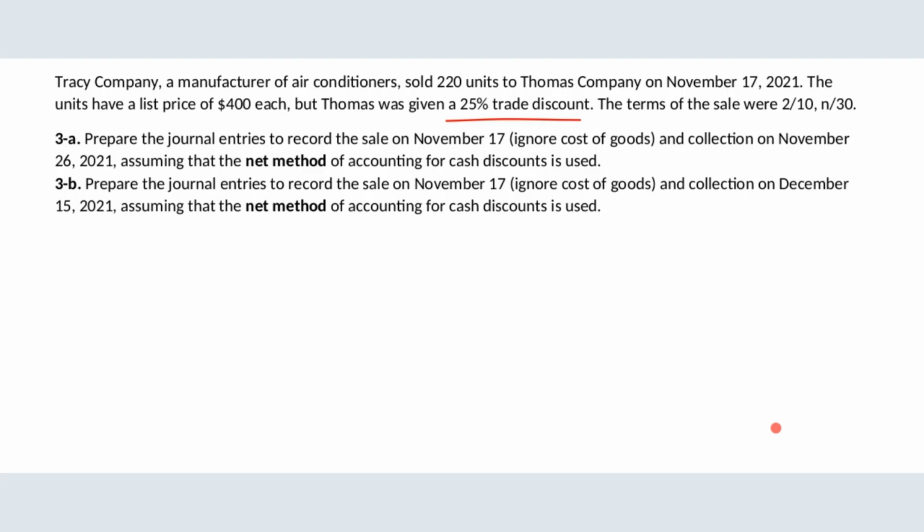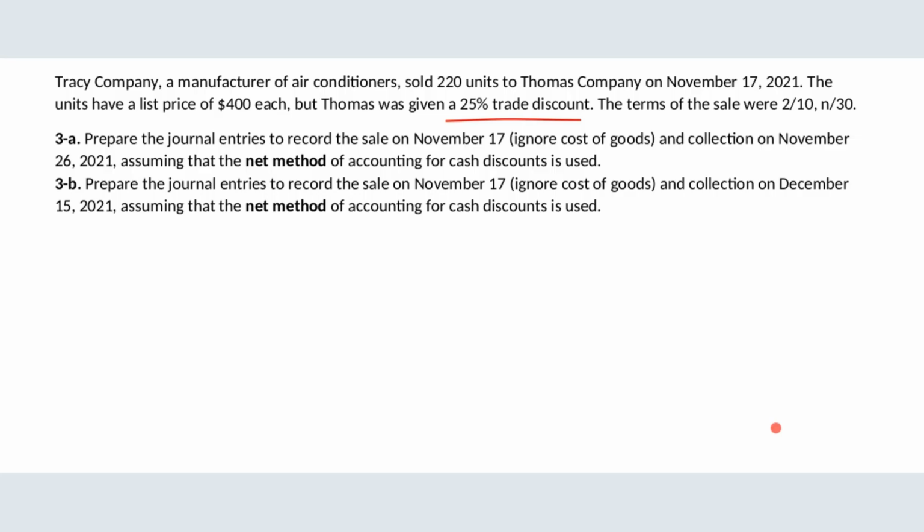So for 3A, they took advantage of the discount. So accounts receivable under the net method is going to be the 66,000 multiplied by 98%, or 64,680. Okay, and then we have our sales revenue of 64,680.